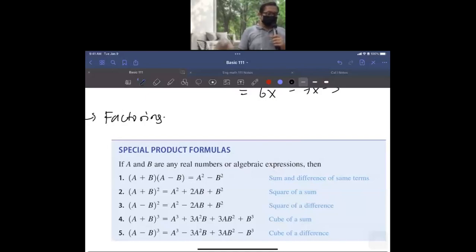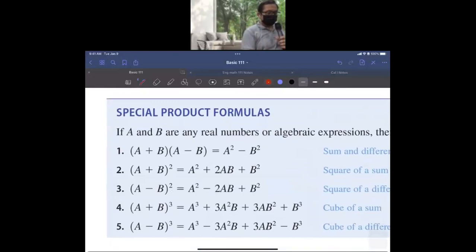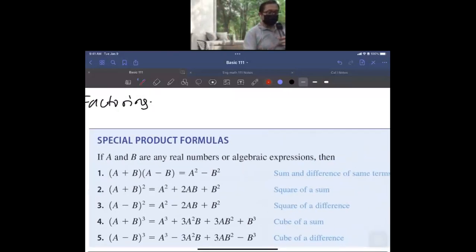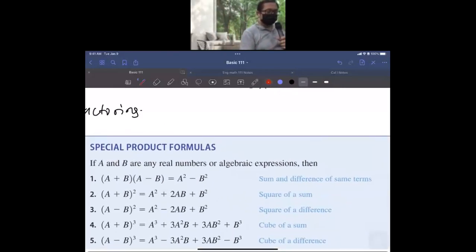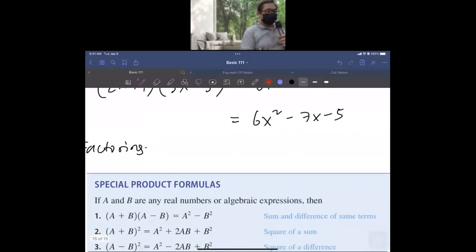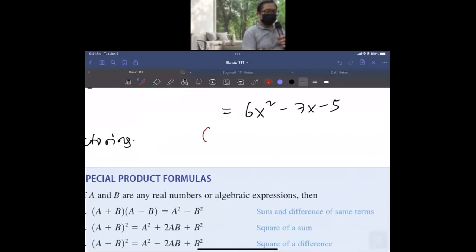Well, what I want to emphasize is, although this seems to be a lot of things to review, all these things basically start with the same idea.